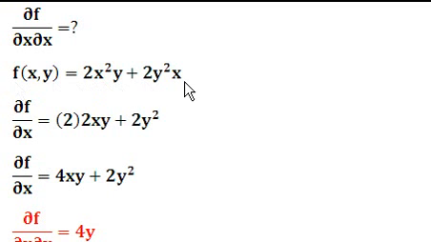And here's our f. Because we're taking the derivative with respect to x, we're going to consider y to be a constant or a coefficient, however you want to look at it.